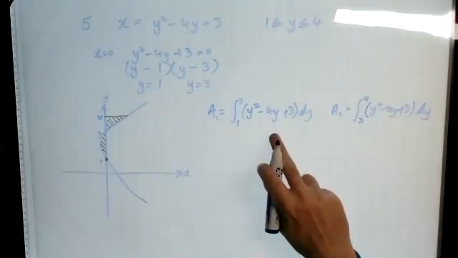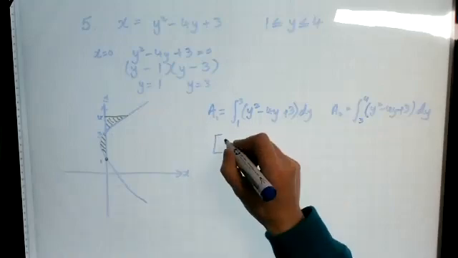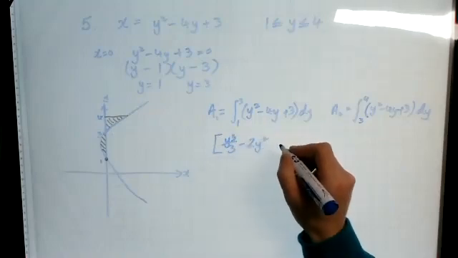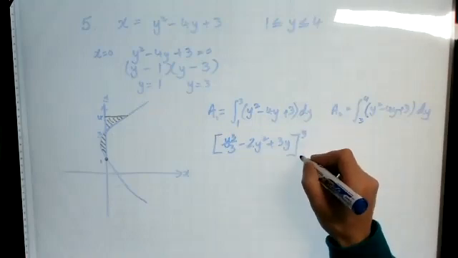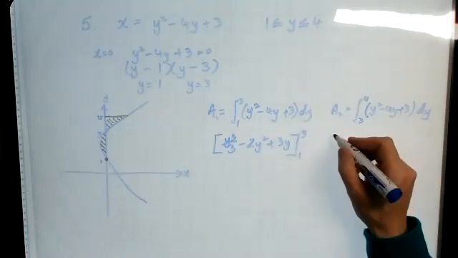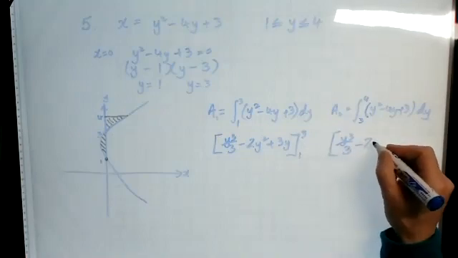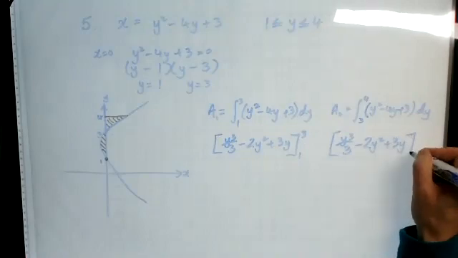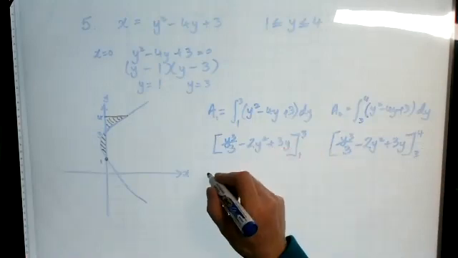So for area 1, we integrate: y cubed over 3 minus 2y squared plus 3y, between 3 and 1. And then we get y cubed over 3 minus 2y squared plus 3y, between 4 and 3. Work that out.